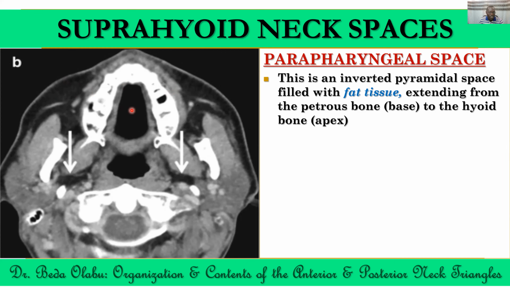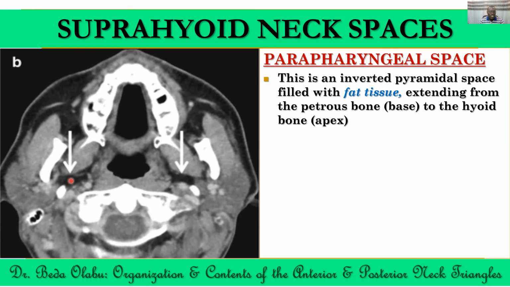And this is now air. It's much darker than fat, if you can clearly see that. So we are comparing the density here of fat and the density here of fat. This is different from here, which is air. This is now fat. This fat density and that fat density is what represents what we call the parapharyngeal space. The space is occupied with fat tissue.